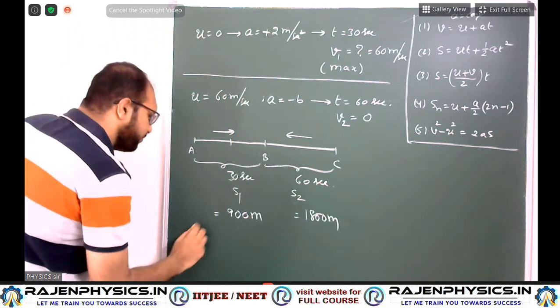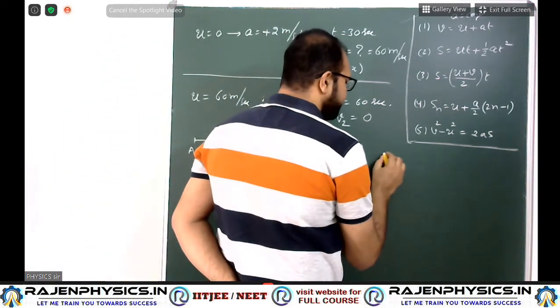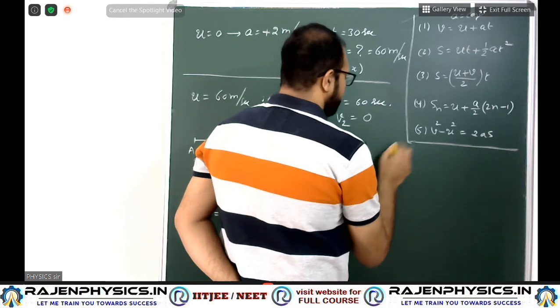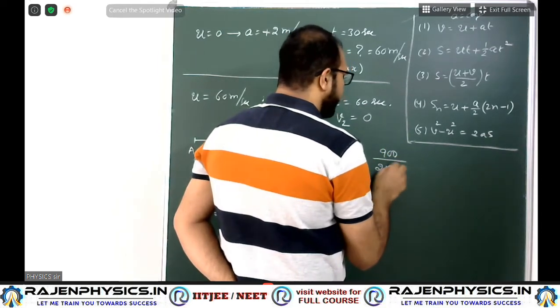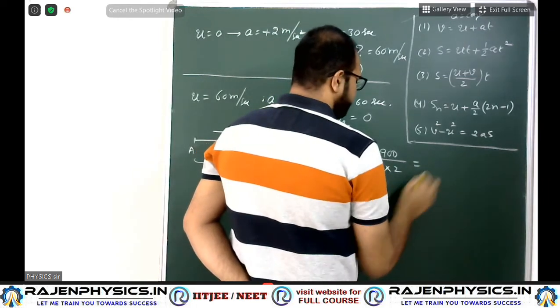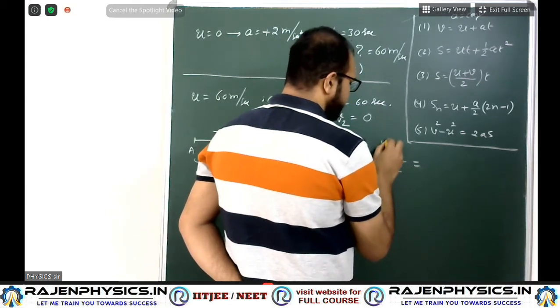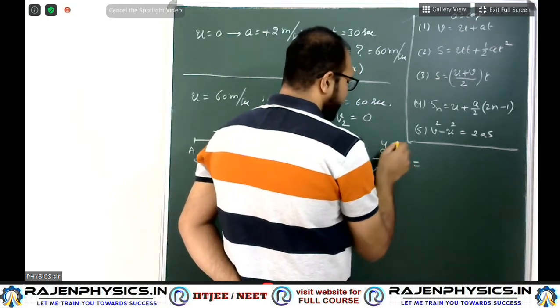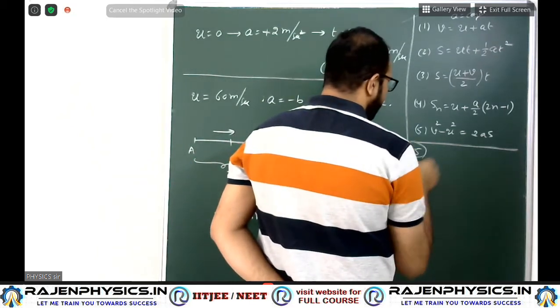So, the second question, first answer: 900 divided by 2 into a, again a is 2. That is 900 by 4, which is 450 by 2, again 225.